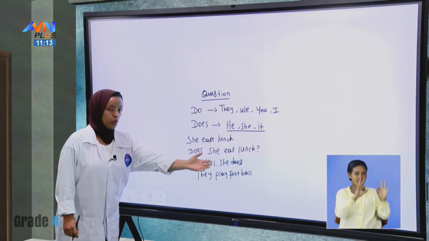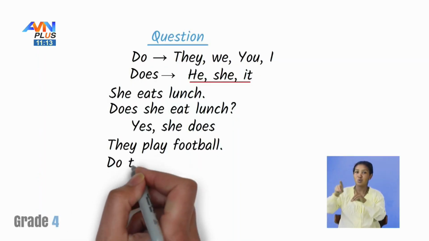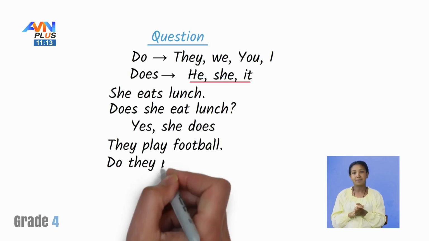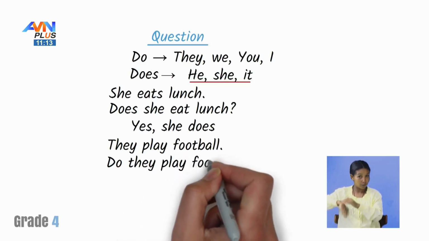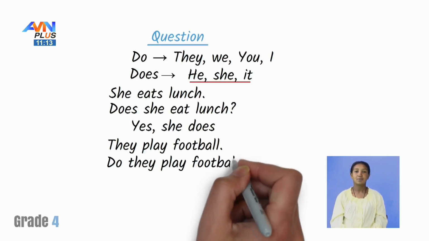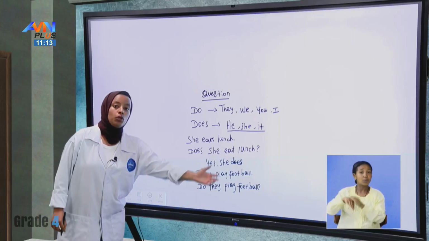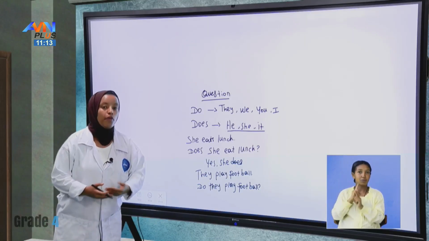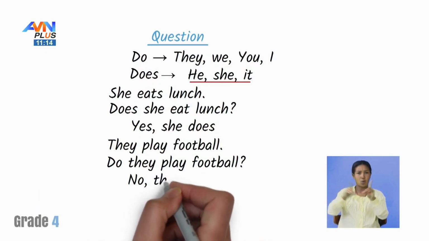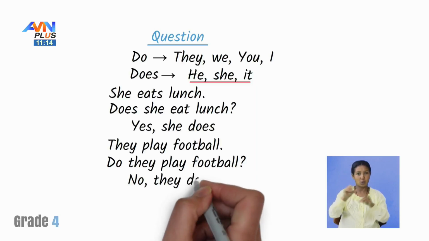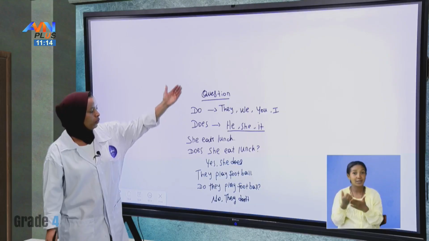Let us change it using do: Do they play football? If it is positive, let us take negative. No, they don't. There is the negative answer. So here is the example when we come to question.